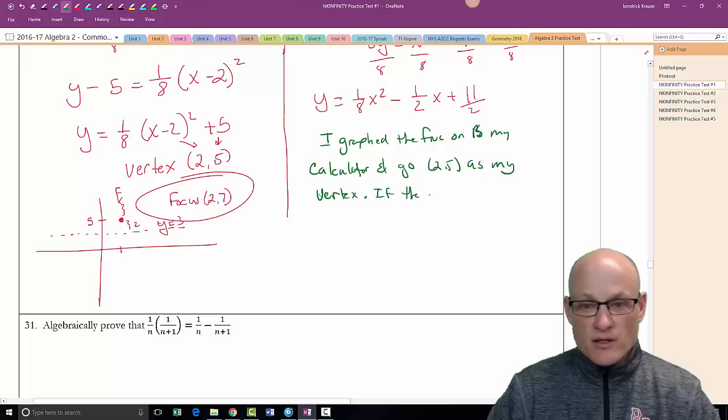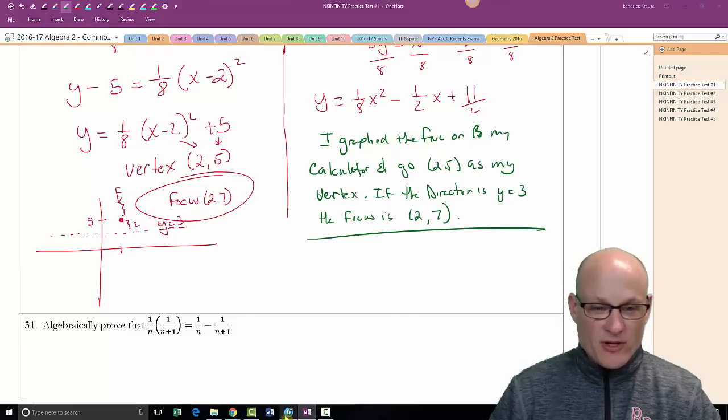If the directrix is y equals 3, the focus is 2, 7. Up 2, down 2.